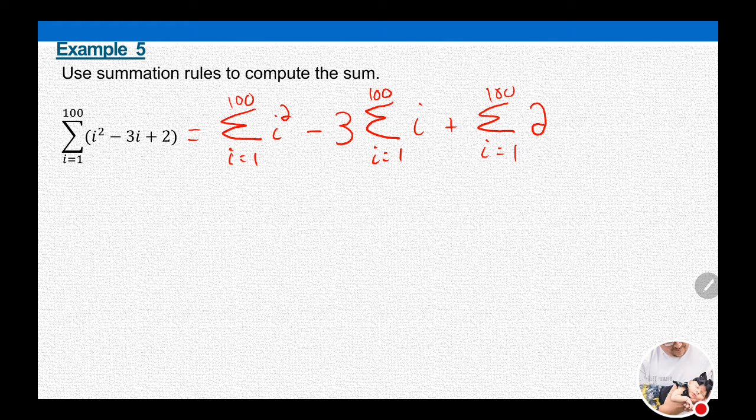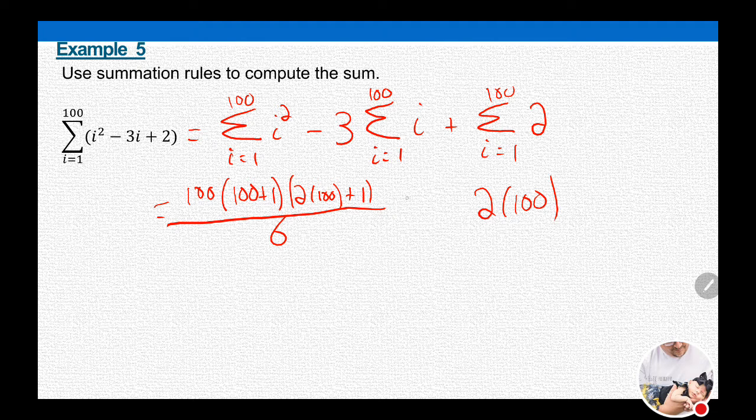For that 2, again, we end up with just 2 times the number of terms, which is 100. The first one, we've got the long format of 100, and then we do 100 plus 1, and then we do 2 times 100 plus 1 over 6, and then we get minus 3.